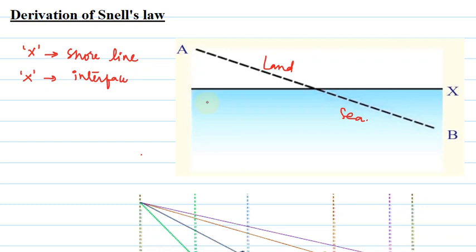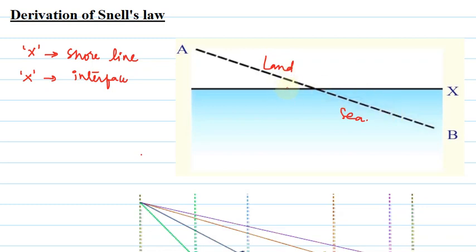Let us assume that we are at point A as lifeguards on the shore and we saw the accident. In order to save the person, we need to travel a certain distance on land and a certain distance in water.